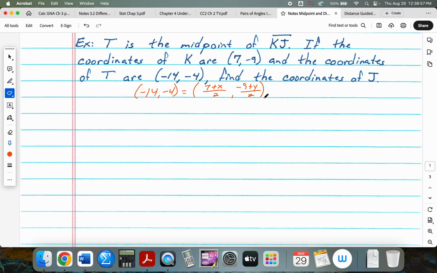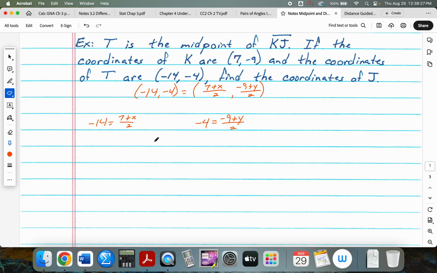Then to solve that, I'm going to split it into two separate equations. -14 is equal to 7 plus x over 2. And for the y's, -4 is -9 plus y over 2. Now, could you do the division?